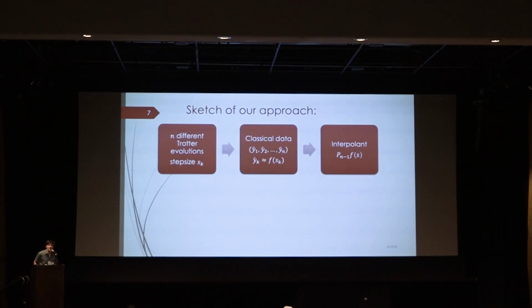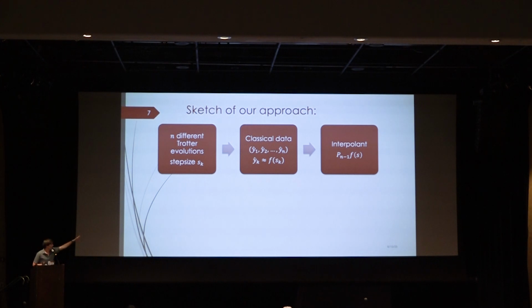So to elaborate on this proposal a little further, suppose we take Trotter evolutions, n of them, with different step sizes. And I'll label the step size by S sub k, so think of it as inverse the number of Trotter steps. From those evolutions, I'm going to gather some data. This will again be through phase estimation or some other protocol. And I'll label that data by y hat.